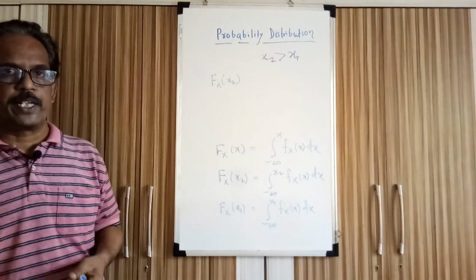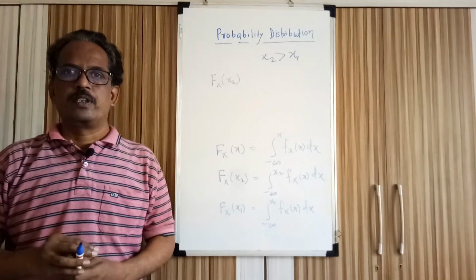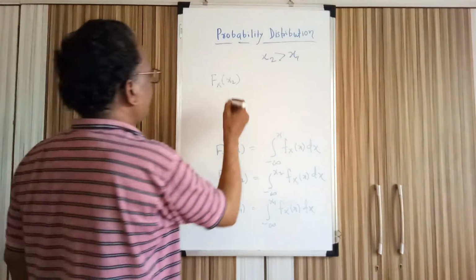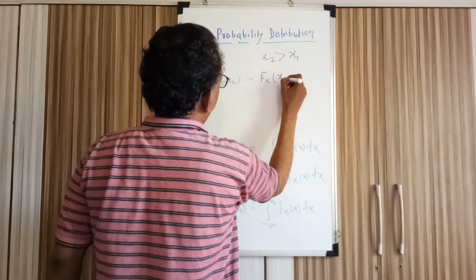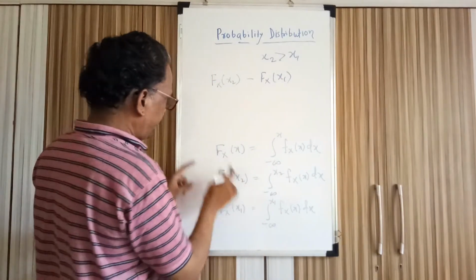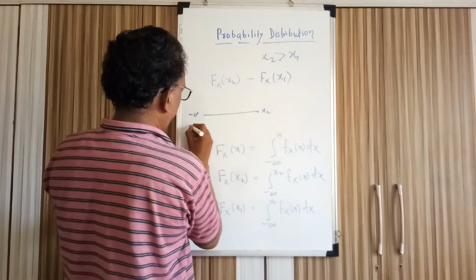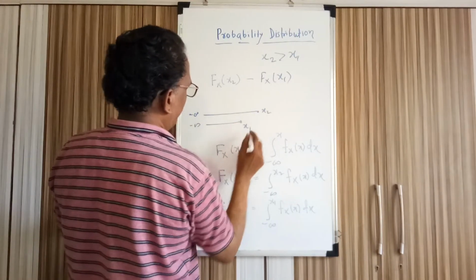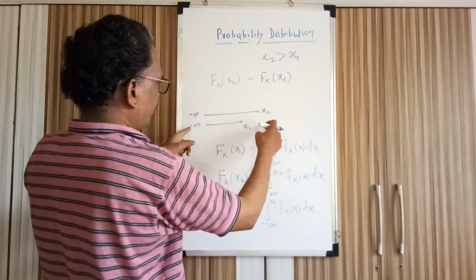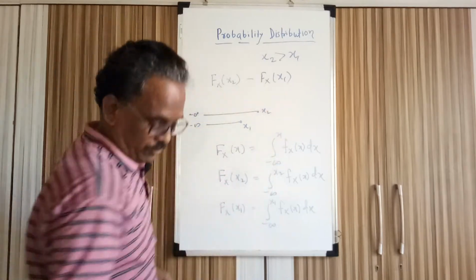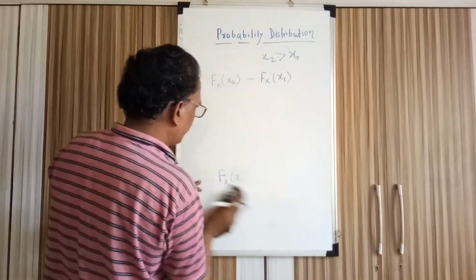I am writing the same equation which we have seen earlier in the form of the distribution function. So Fx of x2 minus Fx of x1, this segment minus infinity to x2 and minus infinity to x1. If I take the distribution function of this segment and subtract it, we get the probability for the duration x1 to x2.